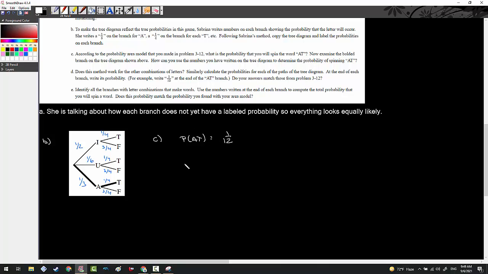So from here, to spell the word at, we'd have to spin the letter A and we have to spin the letter T. So the 1/3 chance was the probability of A. The 1/4 was the probability of T. So how do those guys combine together to become 1/12? Well, just like the area model, we multiply those probabilities together, right?